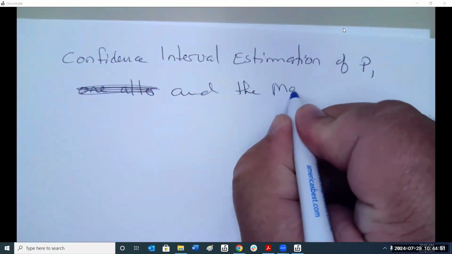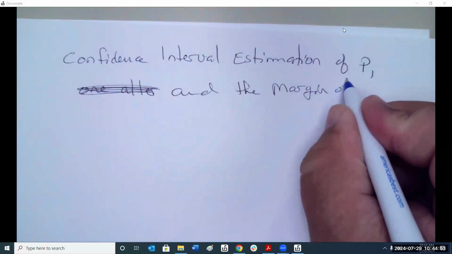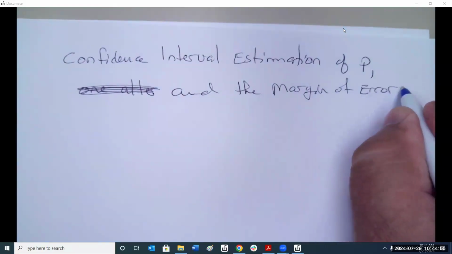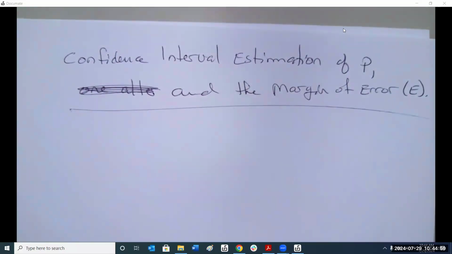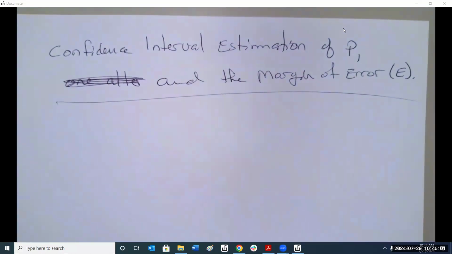And the margin of error, E. The confidence interval estimation of P and the margin of error.